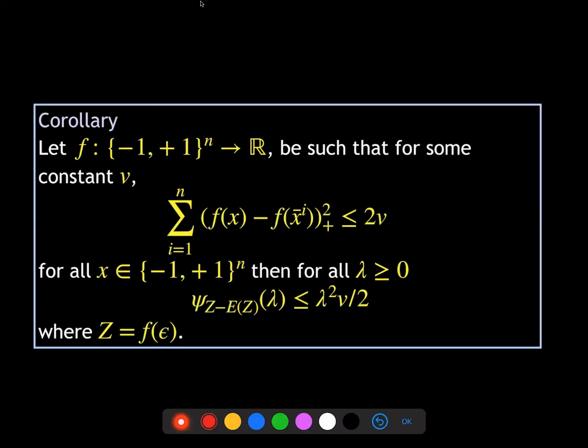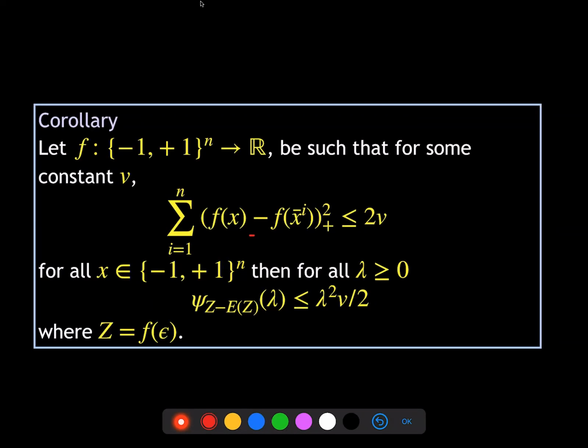And we shall also see a corollary, which is that when you look at a function such that the quadratic variation of this function is under control, that is, you look at the sum of the differences between f of x and f of x bar i, you take the positive part and the square, and you assume that this quantity is under control for all values of x by some quantity that we denote by 2v.